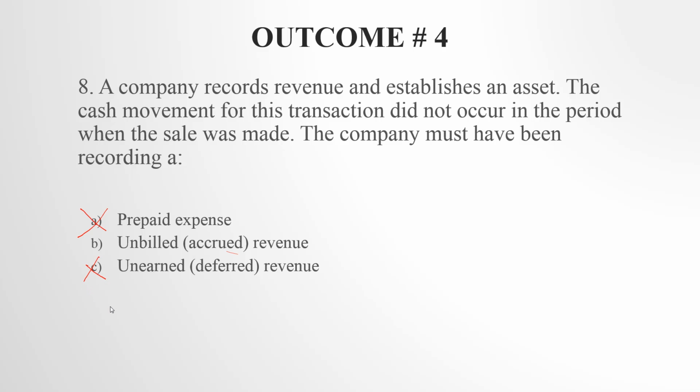Unbilled or accrued revenue, that's the right answer, option number B. Unbilled revenue usually occurs when the accounting period ends before the customer has been billed. So unbilled revenue is an asset, and there's an associated revenue account, sales revenue, which goes up. And therefore B is the right answer.